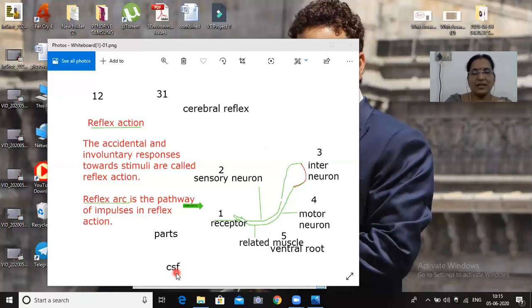Last class you studied the function of CSF. The CSF is present in the inner layer of the meninges of the brain, of the cerebrum. There you studied there are three important functions: it provides oxygen and nutrients, second it maintains the pressure of the tissue, and third it gives good protection.